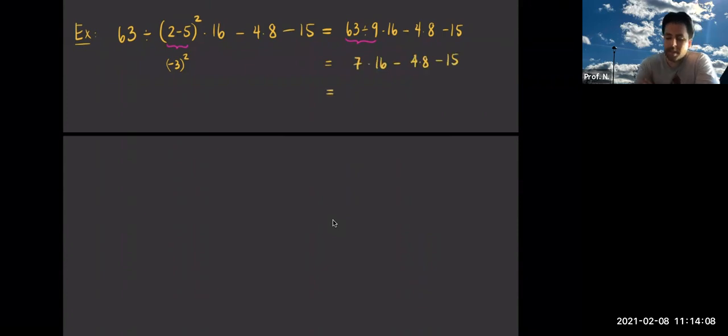Now, what is 7 times 16? It's 112. Okay, so 112 minus what? What's the next thing we do? 4 times 8 is 32, and minus 15. Okay, so then we can just go about our merry way, right? 112 minus 32 is?